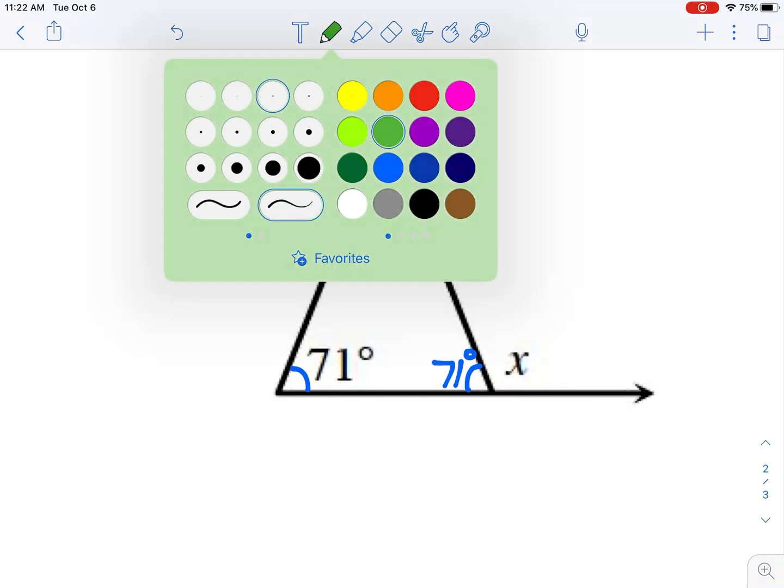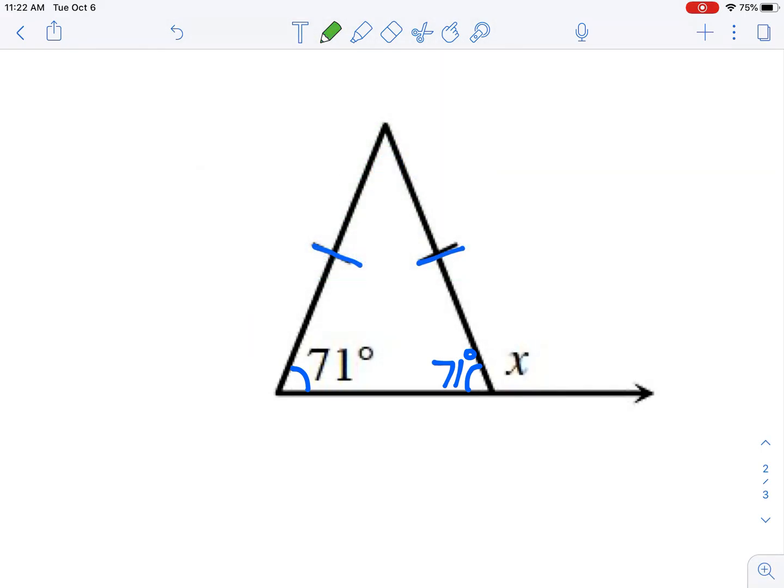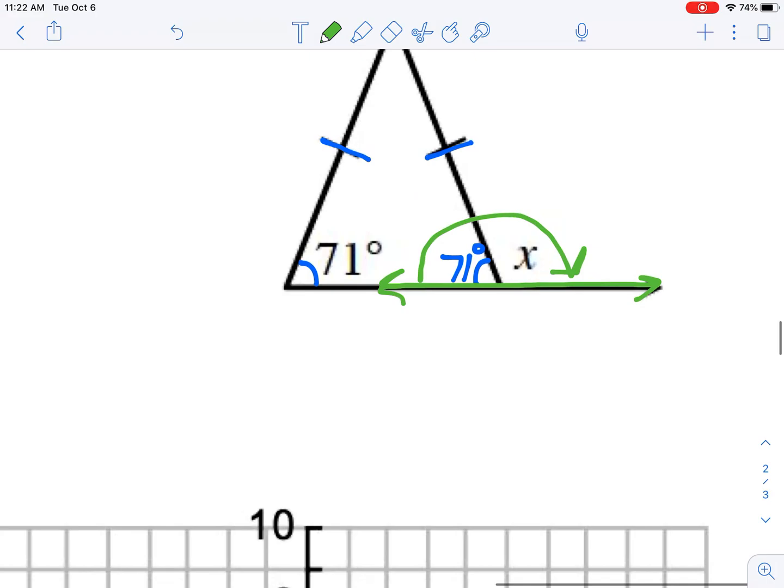Now we can look at the fact that these two angles form this straight angle, which should measure 180 degrees. So these two angles should add up to 180 because they're supplementary. So I'm going to say 71 plus the measure of x should add up to 180 degrees.